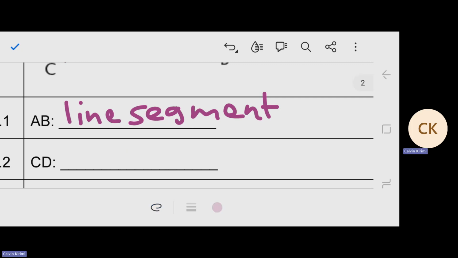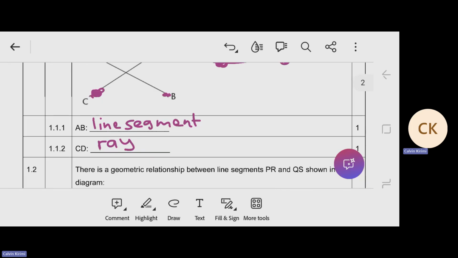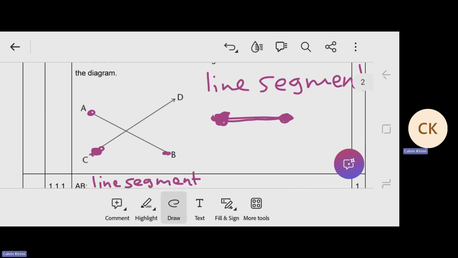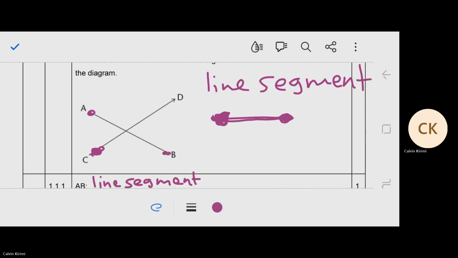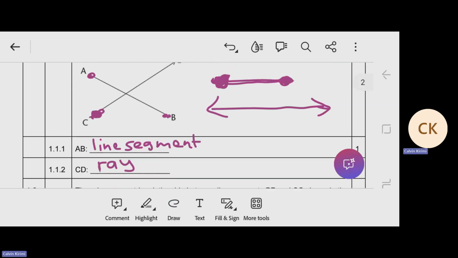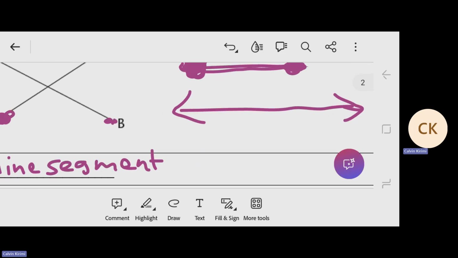Then a straight line. A straight line is whereby it has no definite starting point and no definite end point. So this we call a straight line. If it's having arrows on both sides, we call it a straight line.